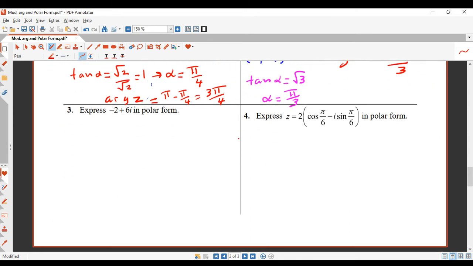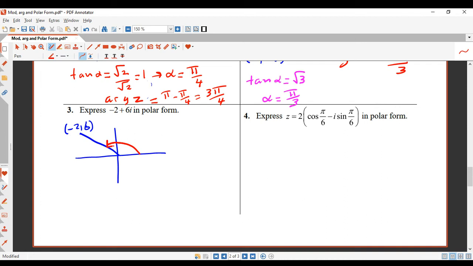Okay, for the next one, let's do another sketch. All right, so here we go. Minus 2, 6, it's up here somewhere. There we go, that'll do. Not to scale. Minus 2, 6. Now the argument you want again, let's mark that in, it's got to be with the positive x-axis.